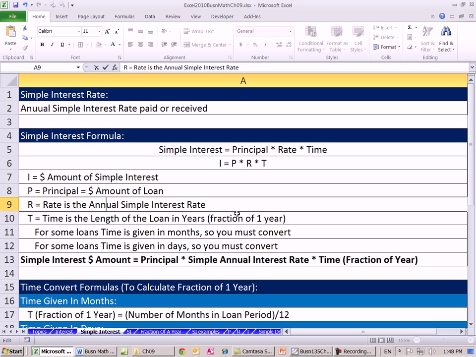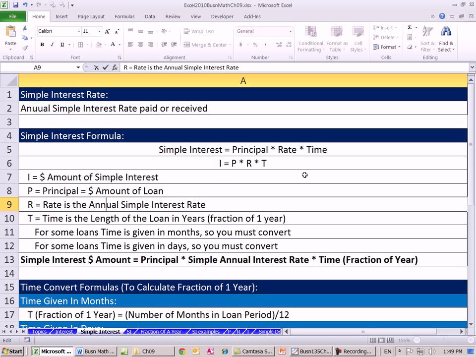Now, what if it's for a half a year? So you got a loan for 6 months. Then what is this T? Well, fraction of 1 year. 6 months divided by 12 months. That's a fraction, right? But when we reduce it down, it's to a decimal. It's 0.5. So if we have a simple annual interest rate of 10%, and we're for a half a year, then 10% times a half is 5%.